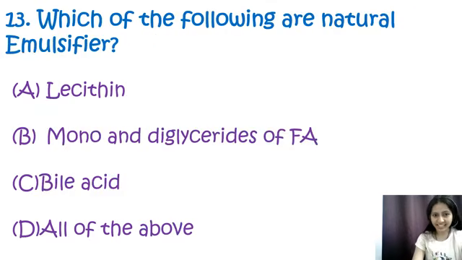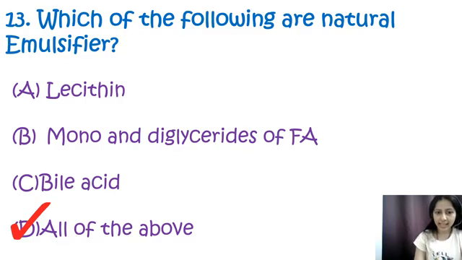Next, question number 13. Which of the following are natural emulsifiers? Options are lecithins, mono and diglycerides of fatty acids, bile acids and all of the above. My correct option is D, that is all of the above. We know that lecithins are natural emulsifiers found in egg yolk and soya beans.